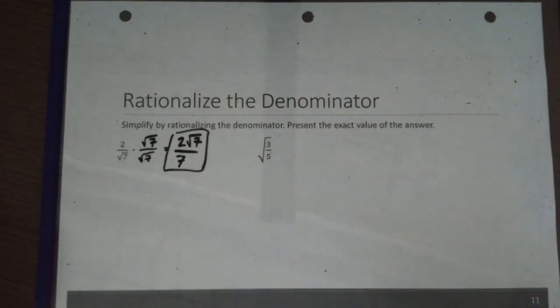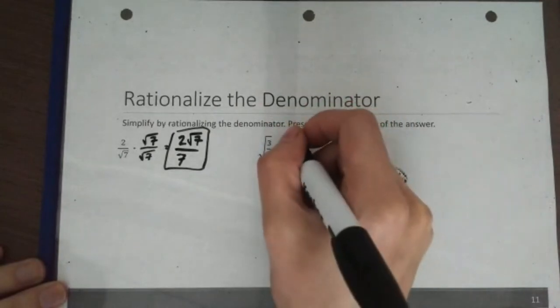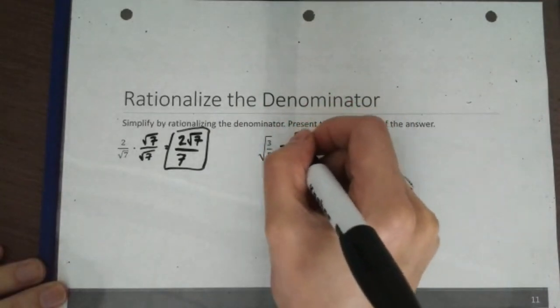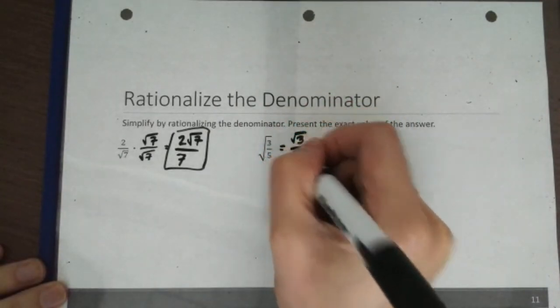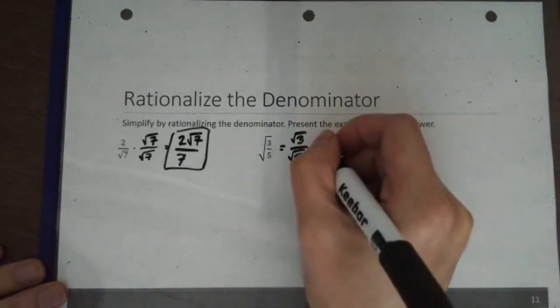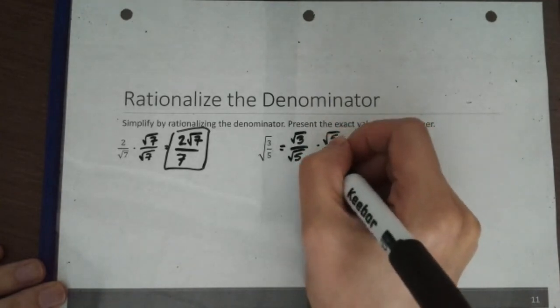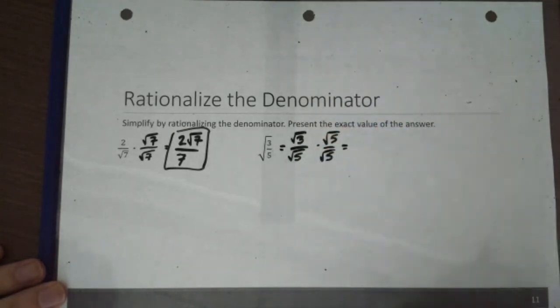In the second one, we're looking at the square root of 3/5. Like we did earlier, we can break up the radical into the numerator and the denominator. So the square root of 3 over the square root of 5. Just like I did in the last one, I'm going to multiply the numerator and the denominator by that square root that's in the denominator.